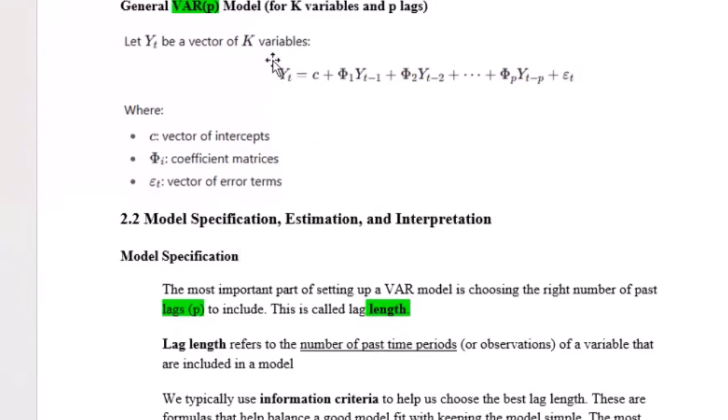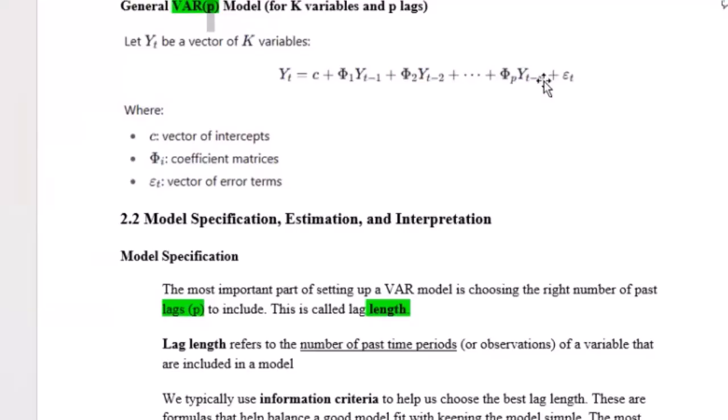So this income of 2026 depends on income of 2025, income of 2024, income of 2023, up to income of T minus P. So this P and this P are the same. This P is the lags, the number of times you want to look backwards.